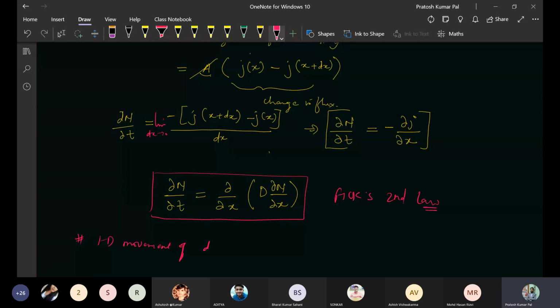With respect to Fick's two laws, we will see how the concentration of dopants affects the diffusivity or diffusion constant, and how this diffusion constant affects the diffusion of particular atoms into the silicon crystal. We will see that in the next class.